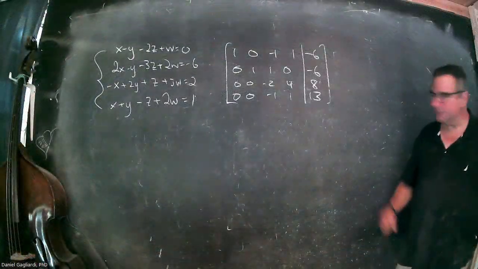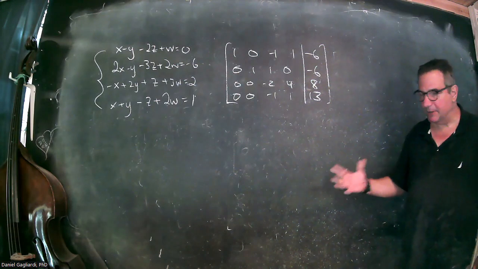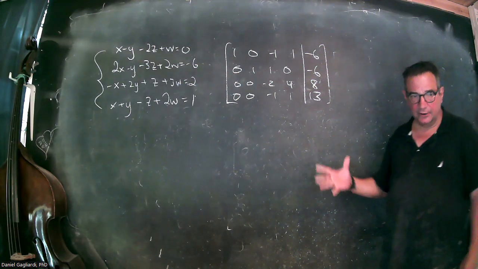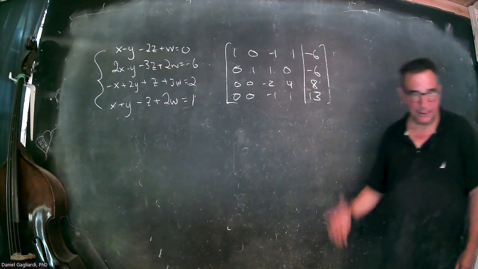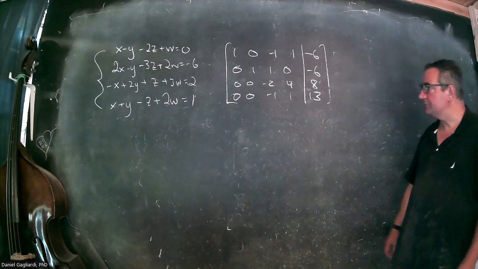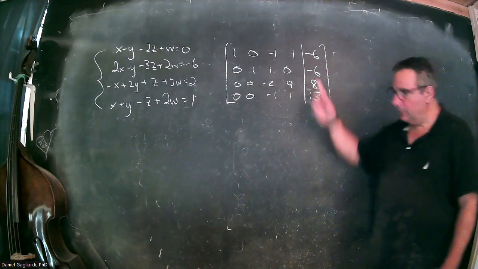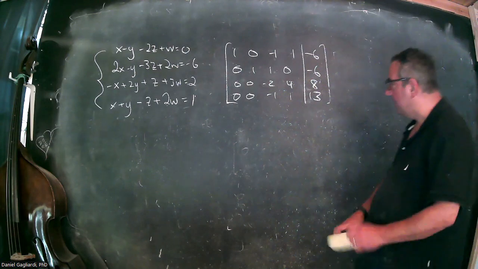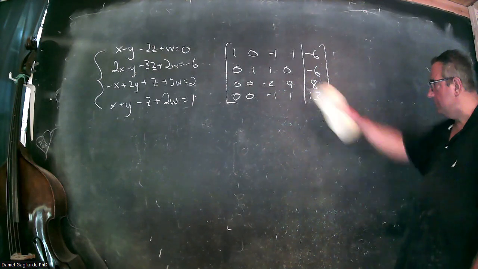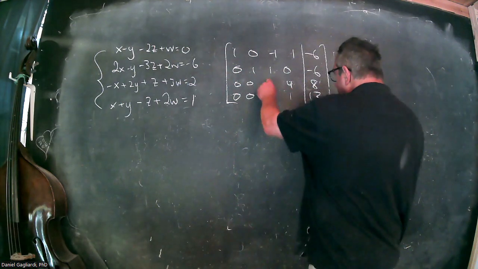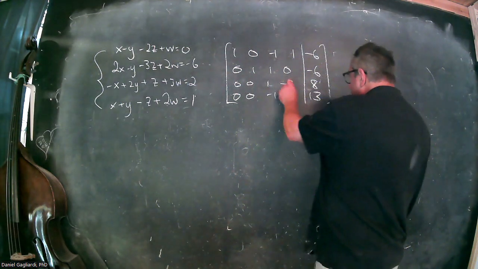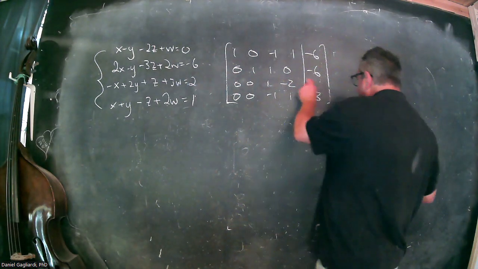Okay, to save space, we'll begin with the last augmented matrix we obtained in our journey to produce an augmented matrix in reduced row echelon form. I noticed that if I divide row 3 by negative 2, I'll get a leading 1 in row 3. So I have a 1 here, a negative 2 here, and a negative 4 here.